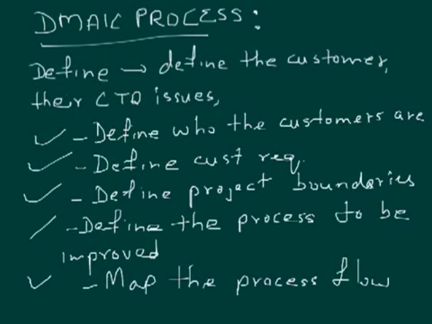And last one, to define the process to be improved, you may want to map the process flow to get a better understanding. So that's just the define stage of the DMAIC. Moving on to measure.